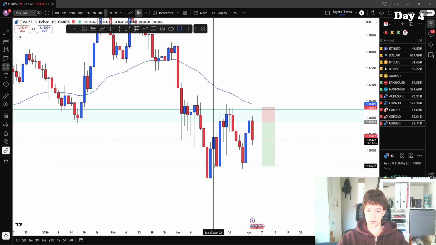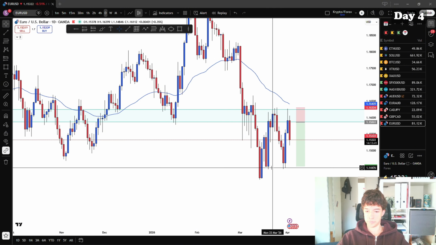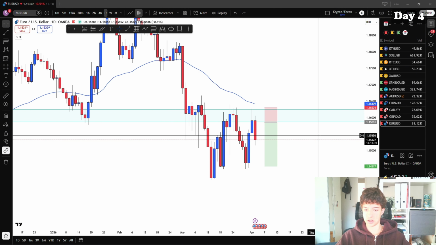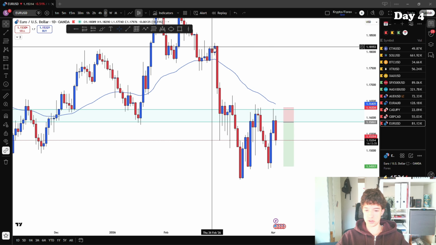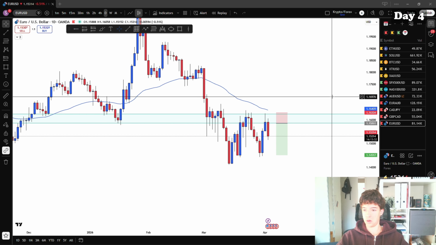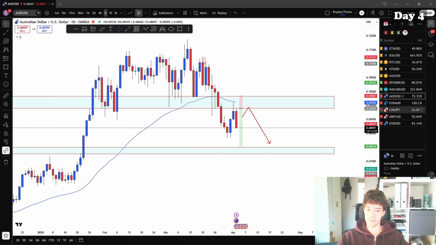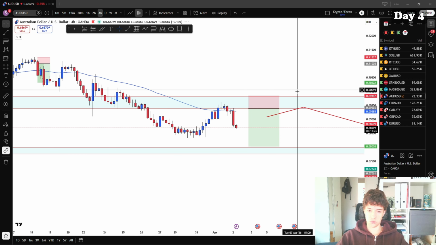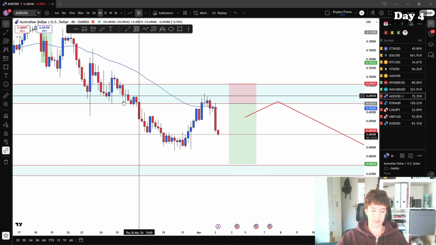That was our target basically, because we have some sort of area of interest right there, and we already reached the target. But now we got another retest and another reaction, so now I'm just waiting to see what happens. It's pretty much the same as AUD USD, so I just need to wait, and I'm gonna update you if I am entering some trade or not.